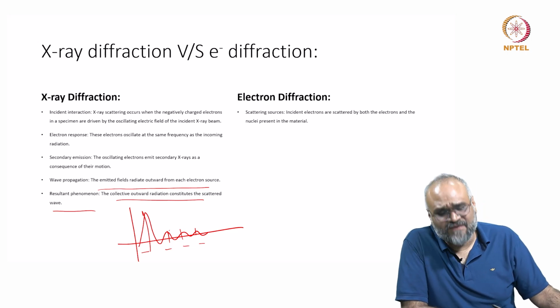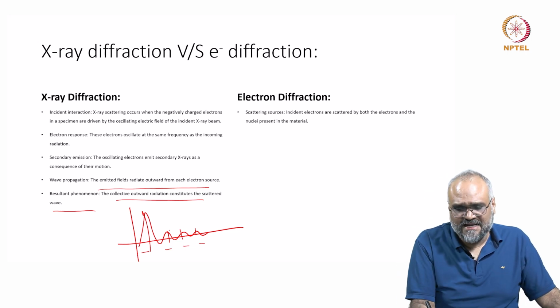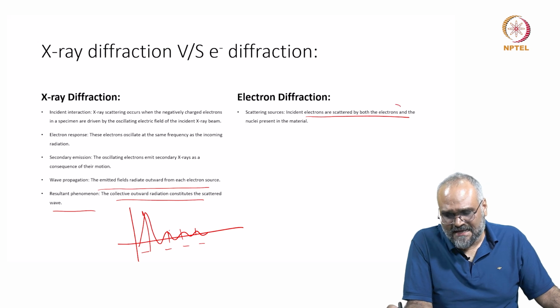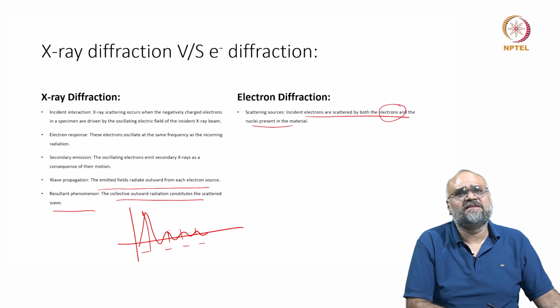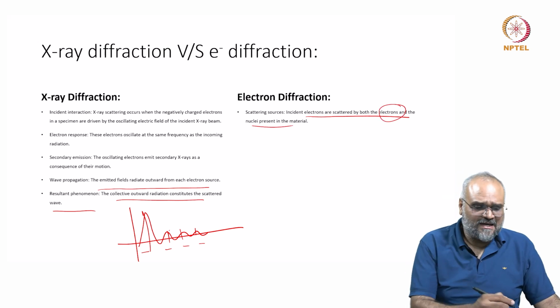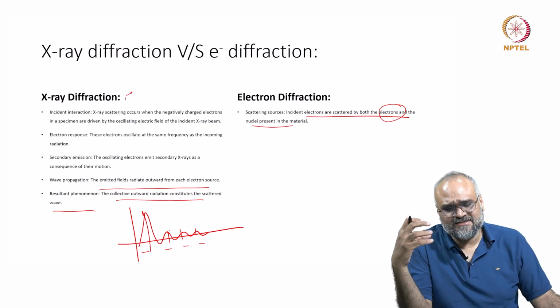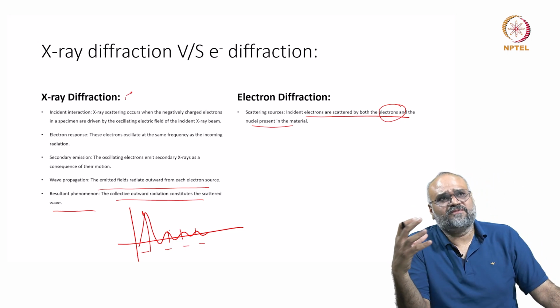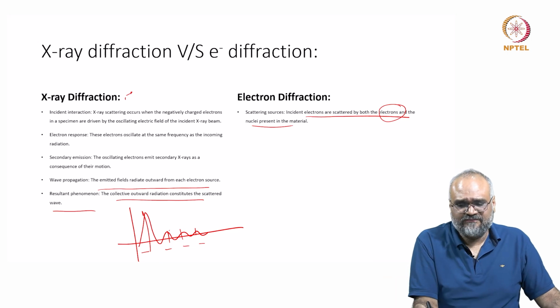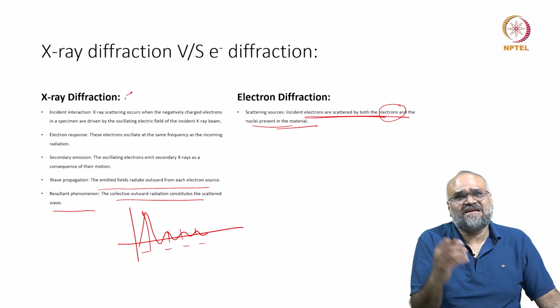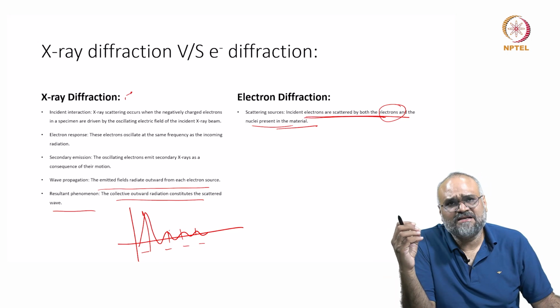In electron diffraction, the incident electrons are scattered by electrons and the nuclei present in the material. Remember, unlike X-ray, where the propagating X-ray is just photons, you have electrons which are charged particles interacting with the specimen.